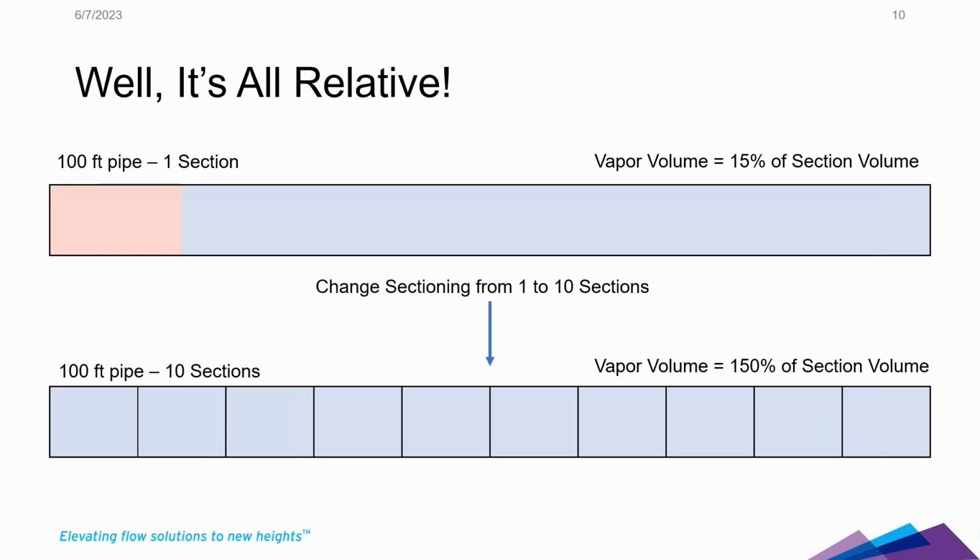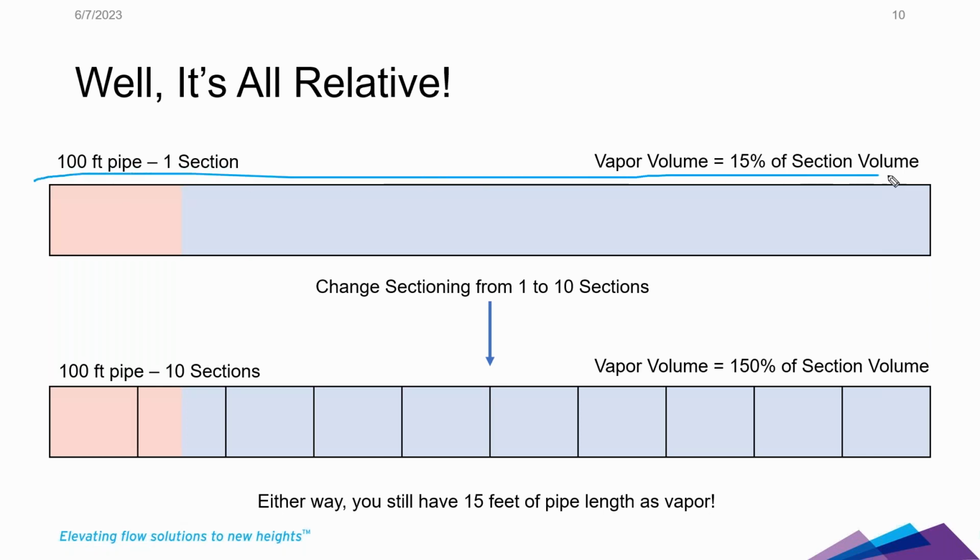Oh man, a critical warning message just sounds really, really bad. Well, is it? Not necessarily. Just because you see the word critical versus not seeing the word critical does not necessarily mean that the world is going to fall apart. Either way, you still have 15 feet of pipe length as vapor. The only difference is that here it's less than one section, but here it's more than one section.